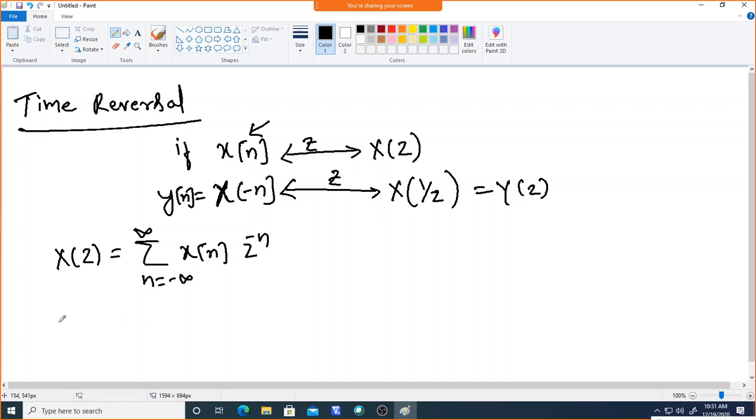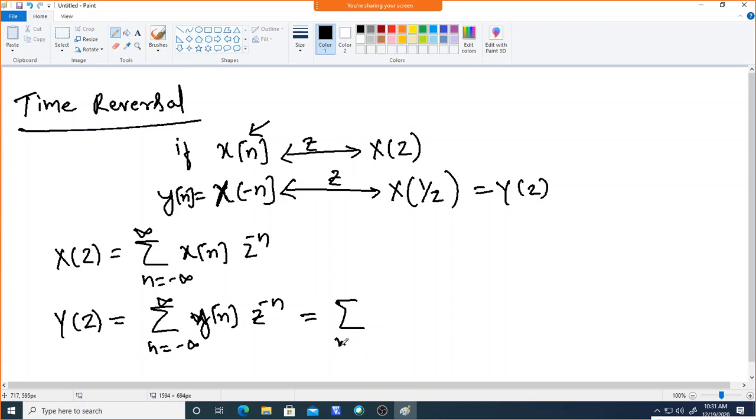So y of z is the summation from n equal to minus infinity to plus infinity of y of n into z power minus n. Substitute y of n as x of minus n.